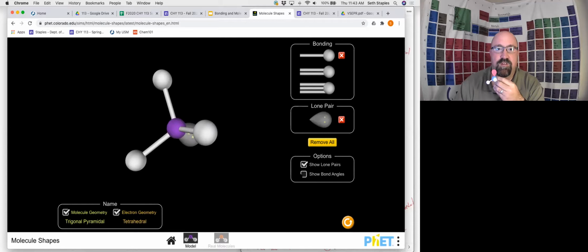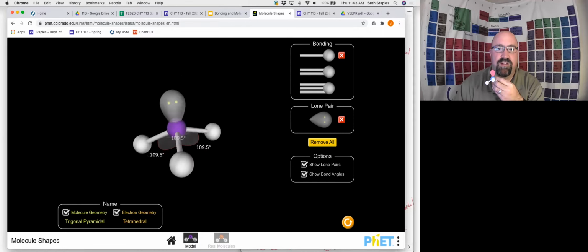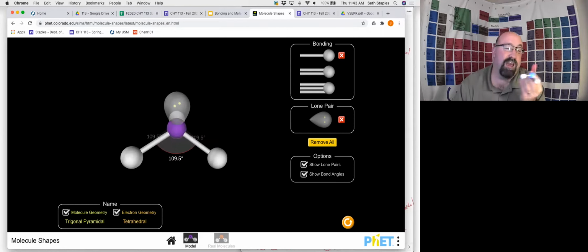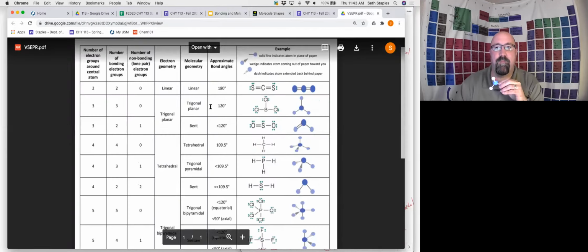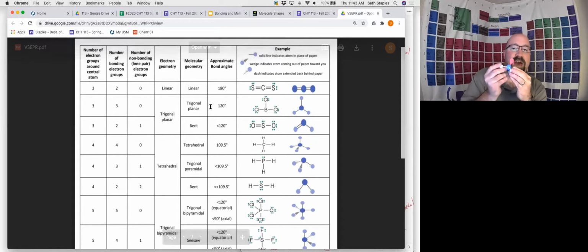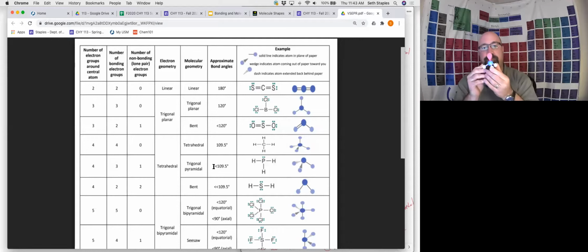Unfortunately this isn't sophisticated enough to tell us that it's a little bit less. I haven't played with that yet, so sorry that I'm just learning that now. Just know that the lone pairs take up a little bit more room, and that's why you see this less than symbol, because the atoms are squeezed down a little bit due to the lone pair.